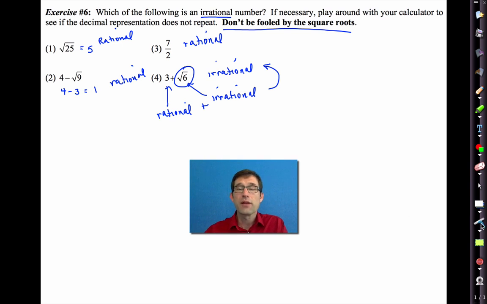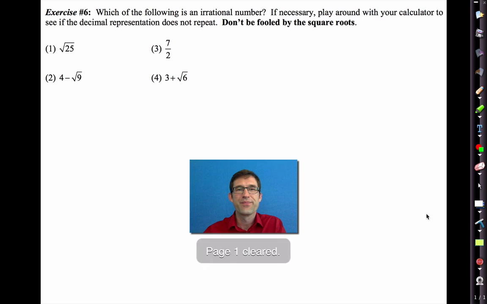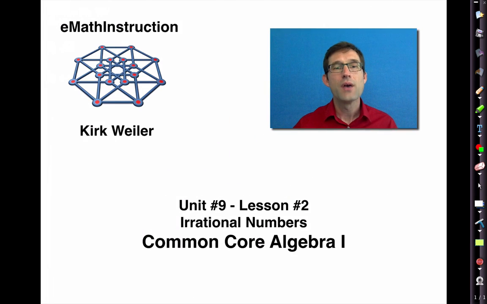All right, well, I'm going to clear out this text, so pause the video now if you need to. All right, here it goes. Let's wrap. So today you probably saw your second, maybe even third exposure to irrational numbers, numbers that cannot be written as the ratio of two integers.